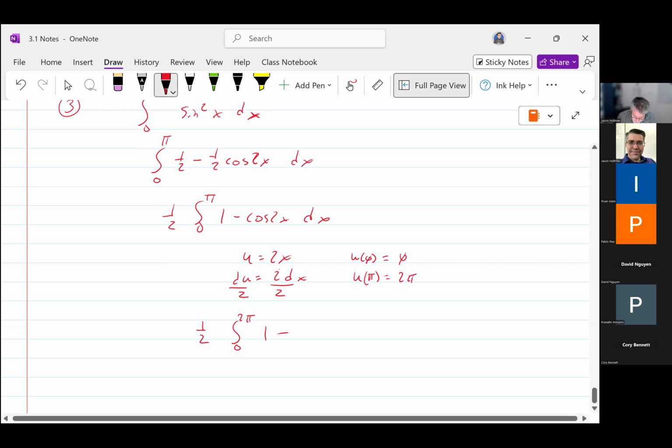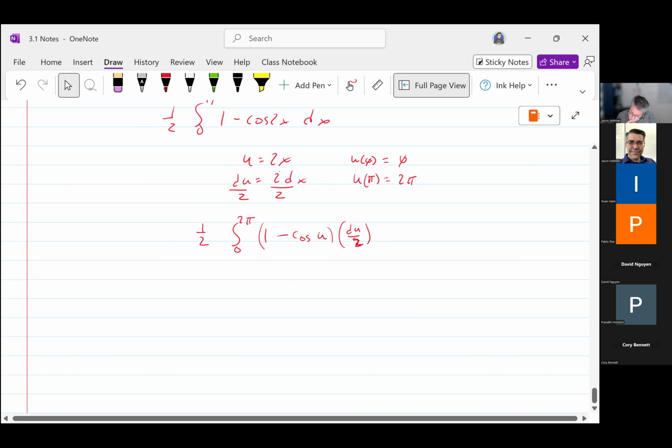Of 1 minus cosine of u times du over 2. When I integrate this, this is just going to become u.